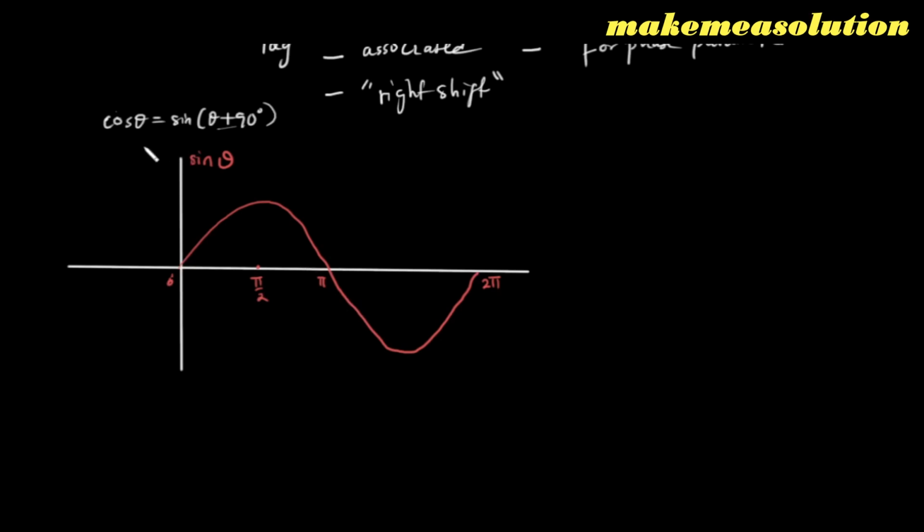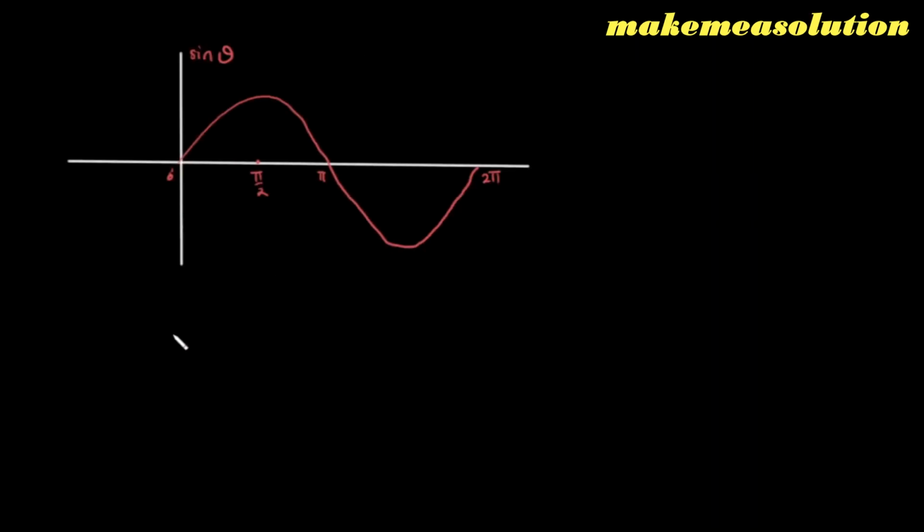To show that the cosine graph leads the sine graph by 90 degrees, you need to draw the graph of the cosine function so that you can understand this concept of leading and lagging and of shifts generally. Let's draw the cosine graph.